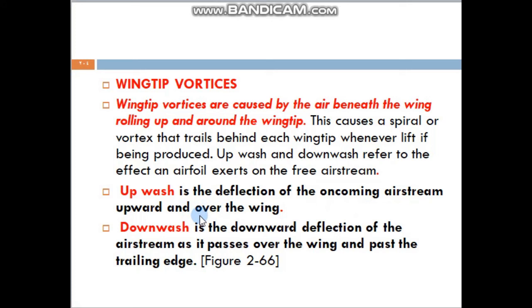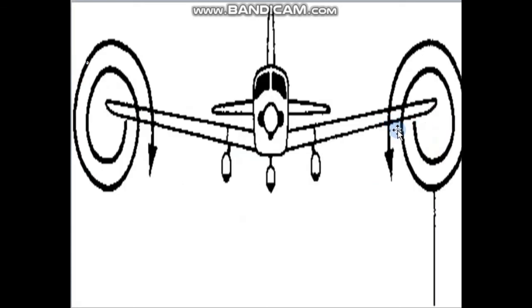What about the downwash? The downwash is the downward deflection of the airstream as it passes over the wing and past the trailing edge. And here we see the wingtip vortex.